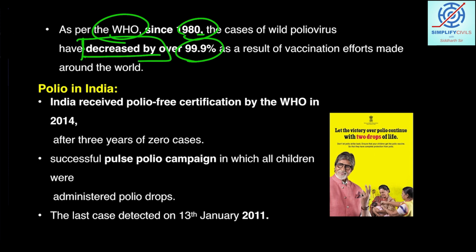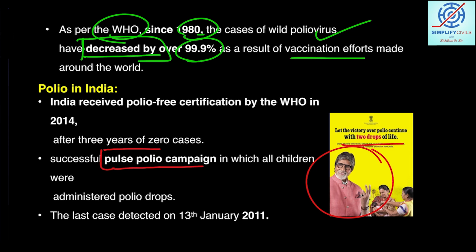The polio virus cases have decreased, and this is all because of the vaccination effort. You would have definitely seen on television Amitabh Bachchan ji saying, "Do boond zindagi ki, 2 drops of life, 2 drops of life." Such a program, called the Pulse Polio campaign, is very successful.